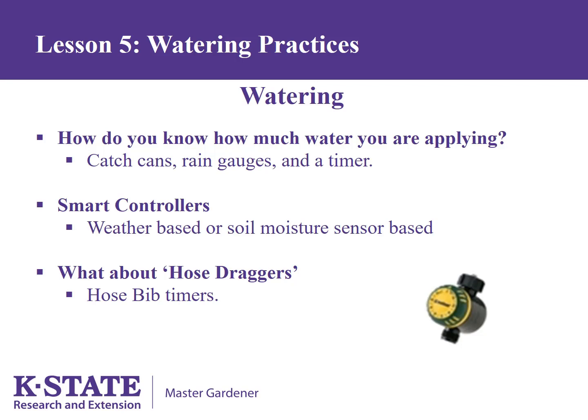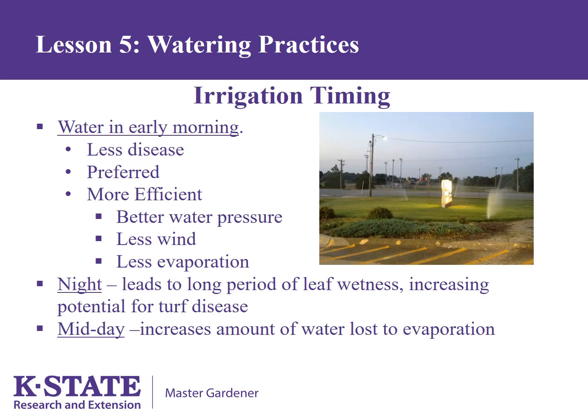Now, when do you water? There are a lot of textbook reasons for plant health about when you water, and there are a lot of other reasons why you might water at the incorrect time. For the health of the plant, we like to water as early in the morning, right before sunrise, as possible.